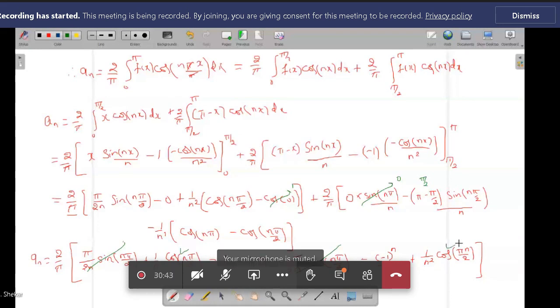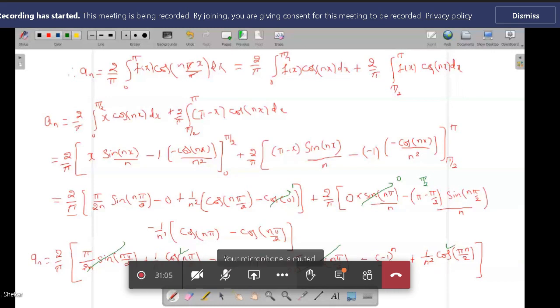So finally we get a_n as 2 by pi into 2 by n square cos n pi by 2, minus 1 by n square, which I can take common.